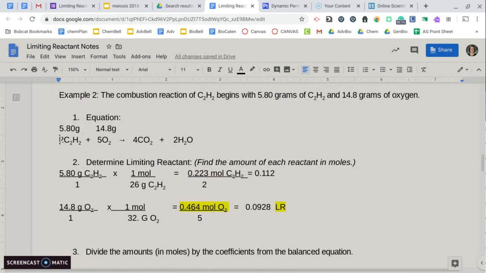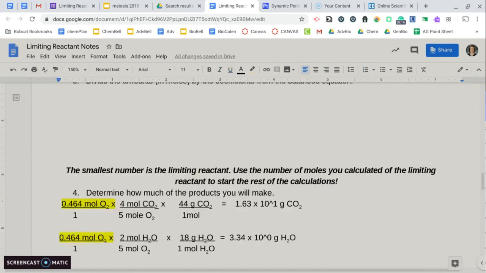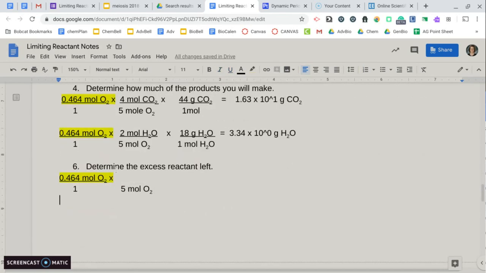So that's 2 moles of this one. And then just like the other ones, you have to change this one to grams also. That's 26 grams.